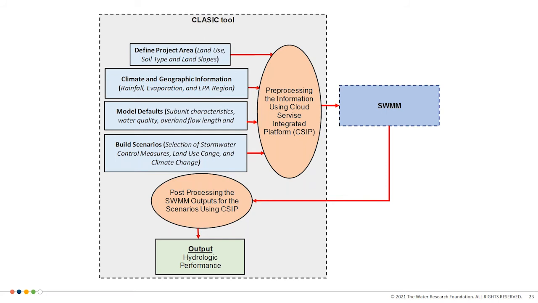And then the SWIM file, or the SWIM model, is ultimately run, and then output is provided back to CLASIC. So the user does not interface with SWIM. That all happens in the background, and the CLASIC tool has an automated way of generating the inputs that are needed for the SWIM models.